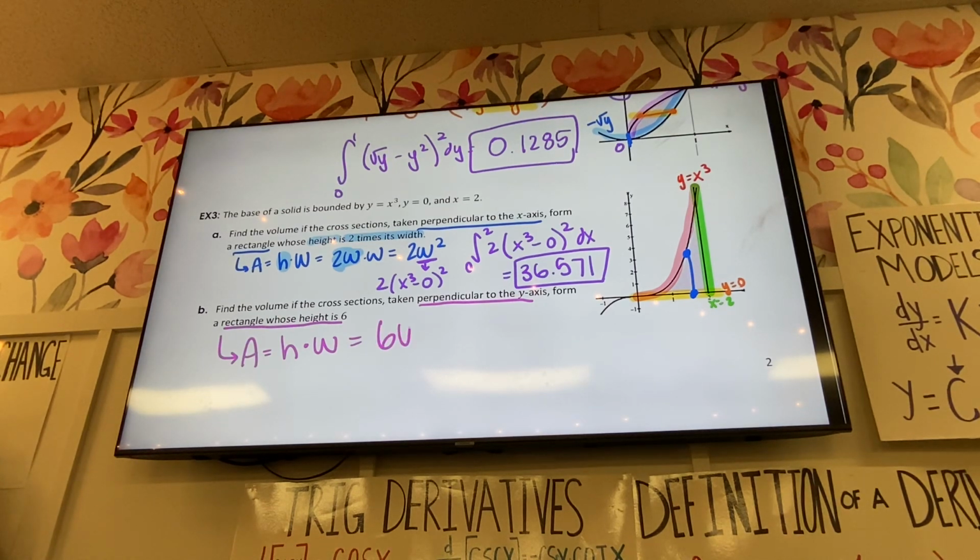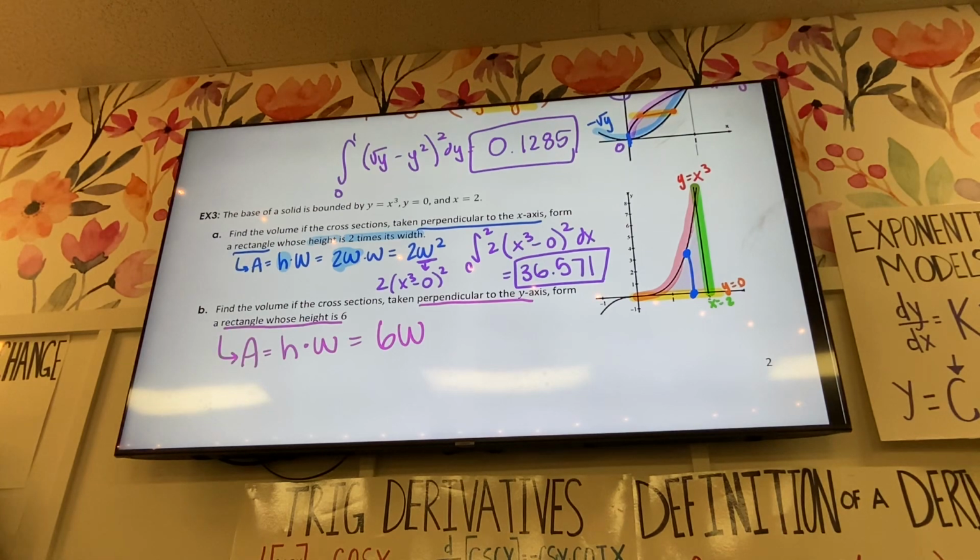So my area equation is going to be 6w. Not squared, just 6w, because the height the whole time is going to stay 6. Does that make sense? Yep.